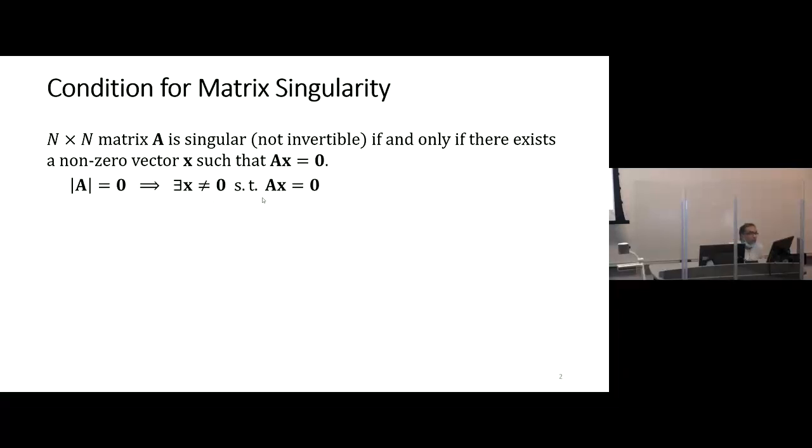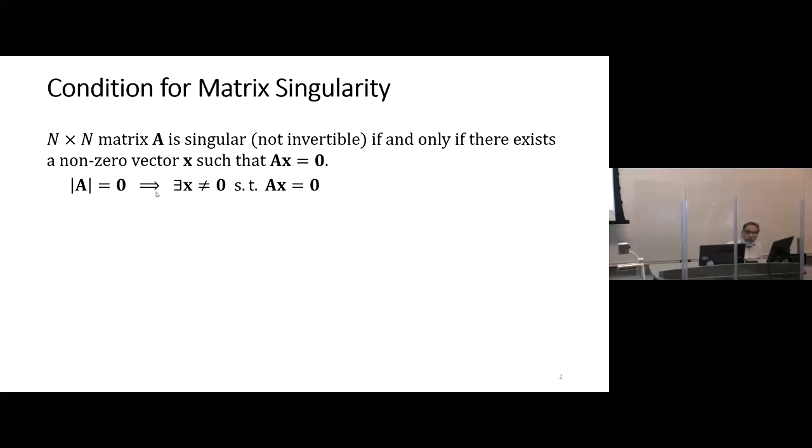Okay, so symbolically, this matrix is singular if its determinant is 0. If its determinant is 0, then it implies that there is some x not equal to 0 for which Ax equals 0, such that this is the there exists symbol.